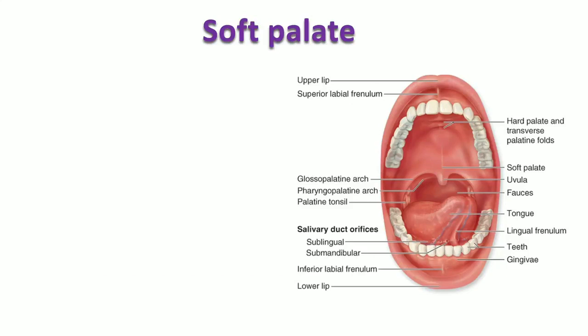Next, coming to the soft palate. The soft palate mainly forms the posterior one-third of the whole palate, and it is attached to the posterior border of the hard palate. While the hard palate is a bony palate, the soft palate is actually a fibromusculoglandular structure.